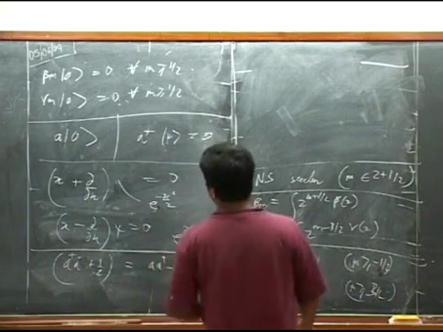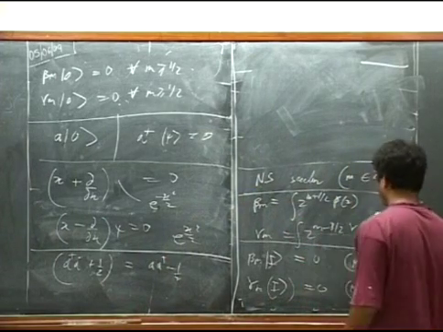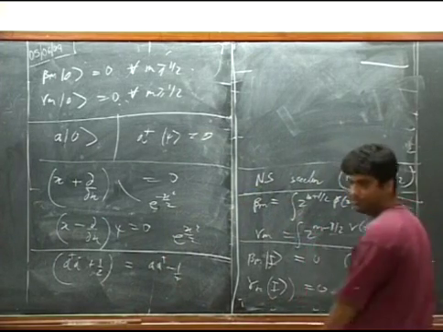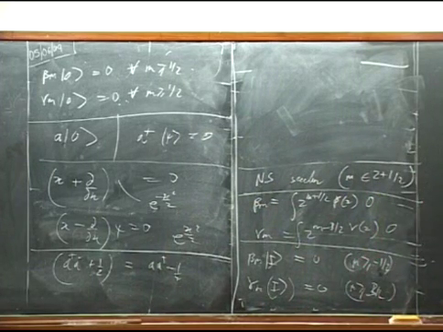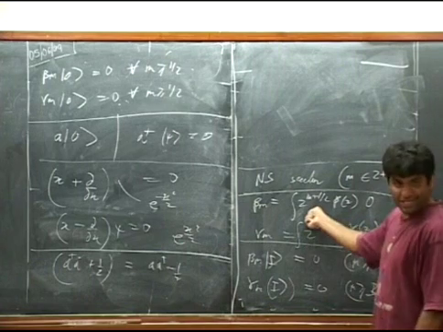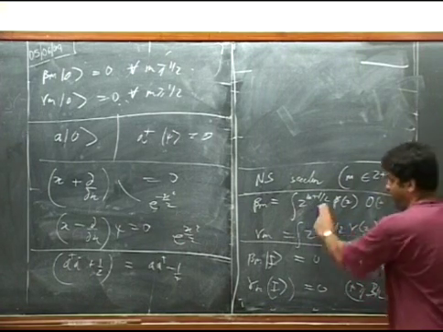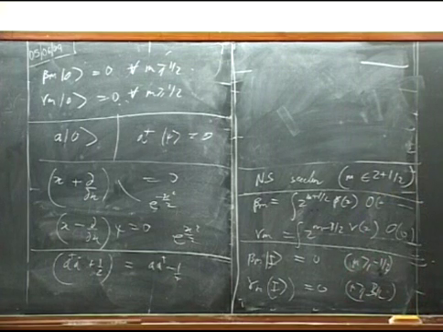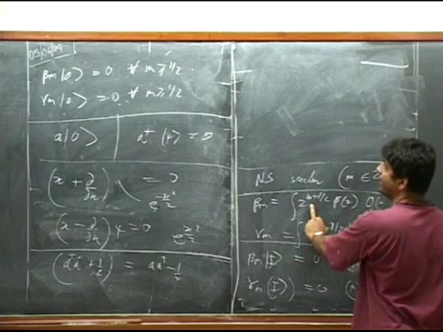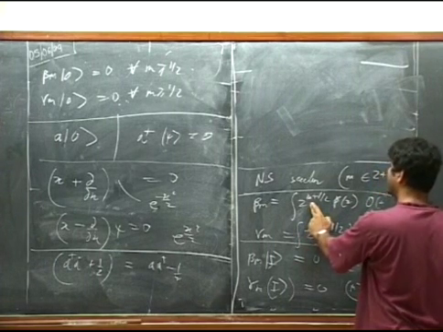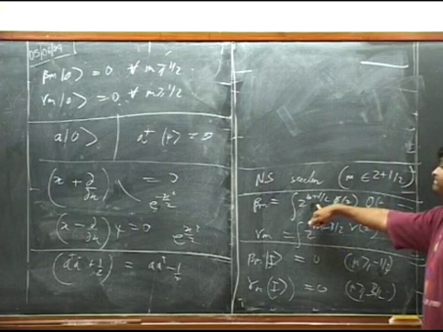Suppose we inserted an operator here, O, and then we wanted this to vanish. We wanted this to vanish for m greater than or equal to half. Not m greater than or equal to minus half.